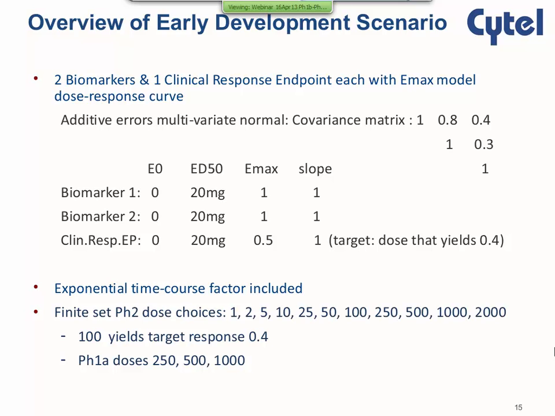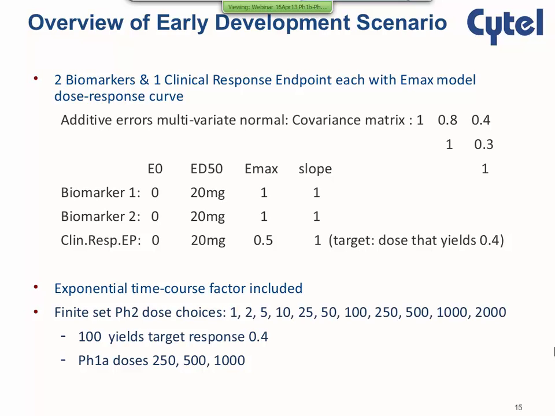For those of you familiar with an Emax model, there are 4 parameters. We always assume the slope is 1. The Emax response was standardized to 1, and the ED50 was 20 milligrams. The same ED50 was assumed for the clinical response endpoint, but with a lower Emax value.